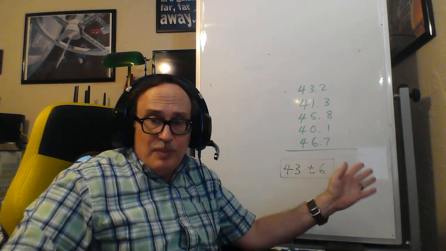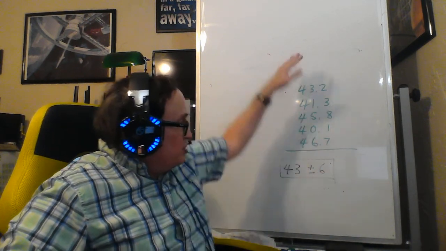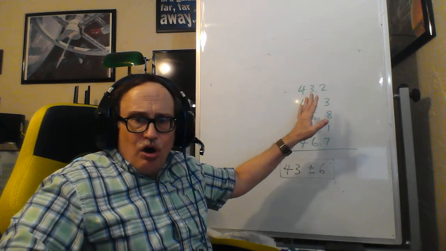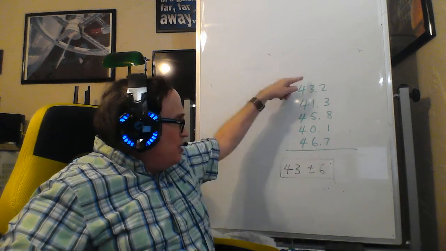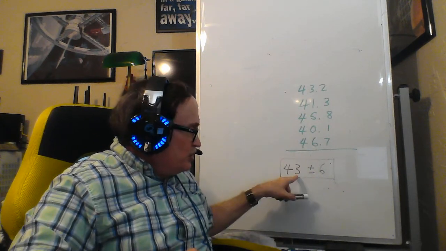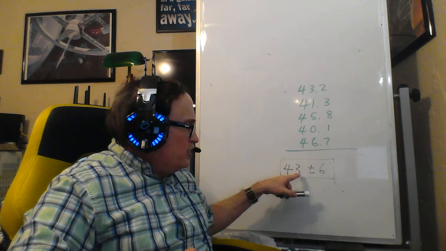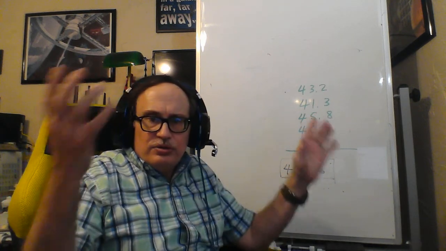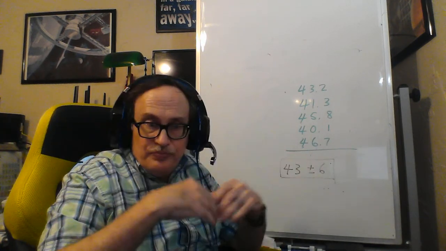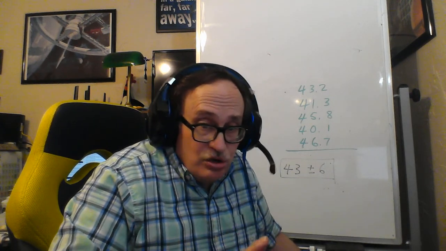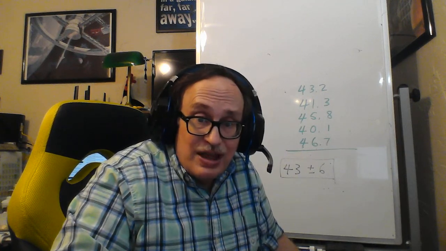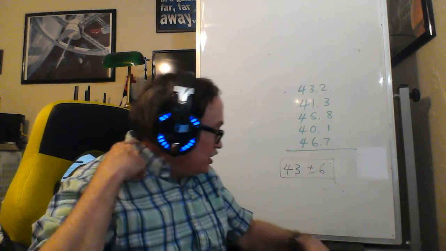So you can be pretty darn sure, but this means you're almost guaranteed, like 95% accuracy, that your next number is somewhere between 37 and 49. You're virtually positive your next number is in that range. That's what we call a 2 sigma variation.